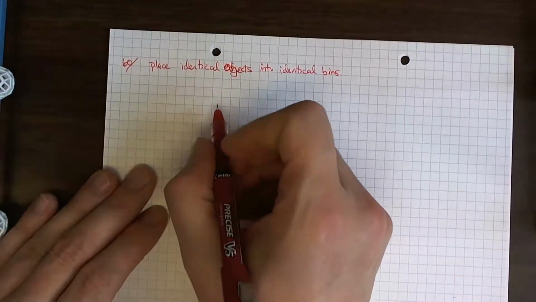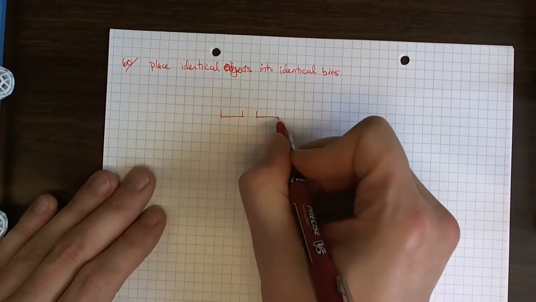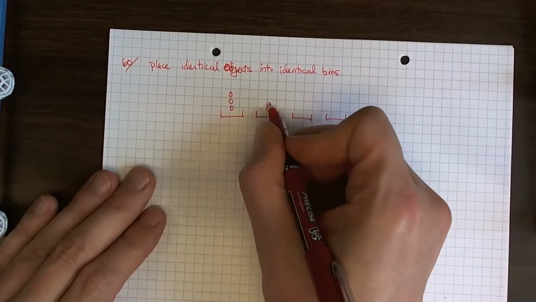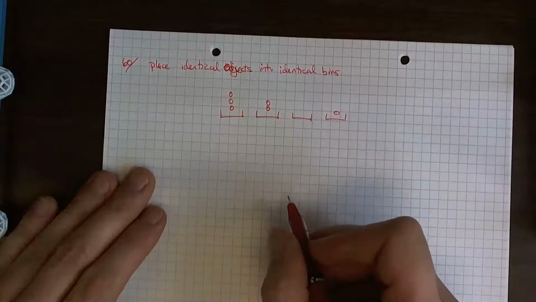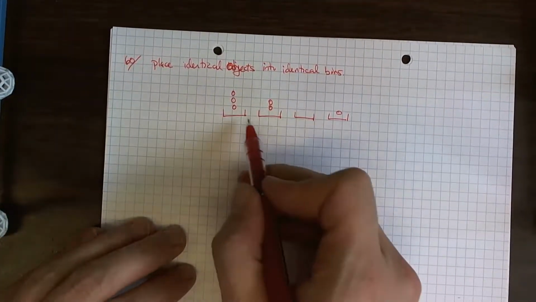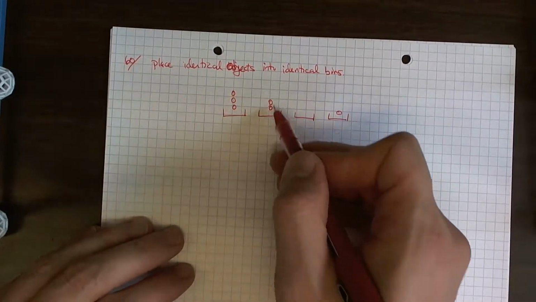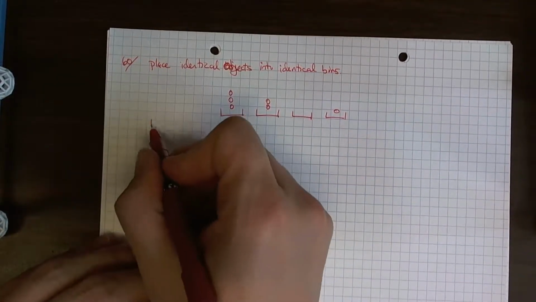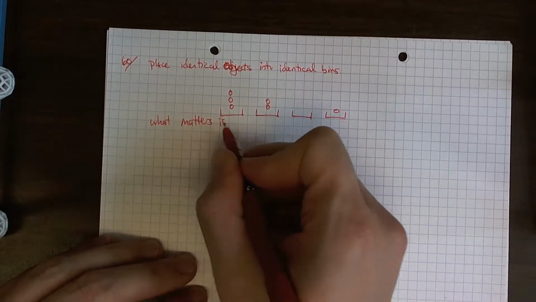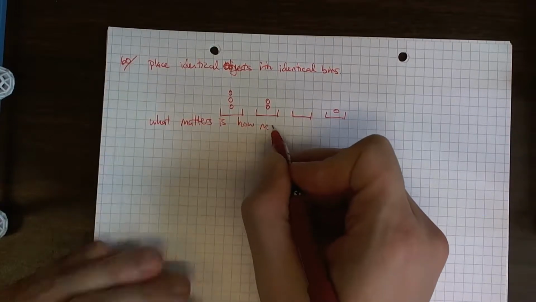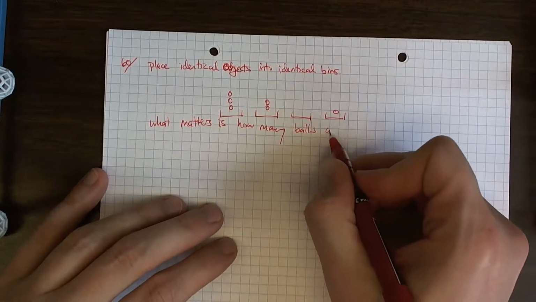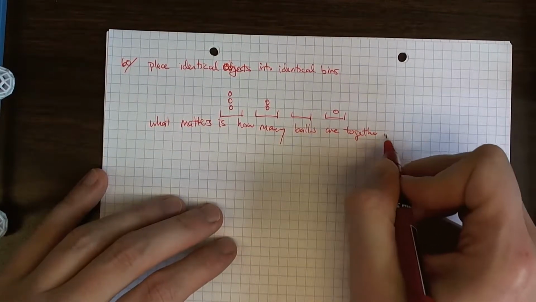Okay, what does that look like? What matters? Well, now all the bins look the same, and all the balls look the same. It doesn't matter the order in which you do it, and it doesn't matter which balls are going where, because they all look the same. So what matters is how many balls are together in each bin.